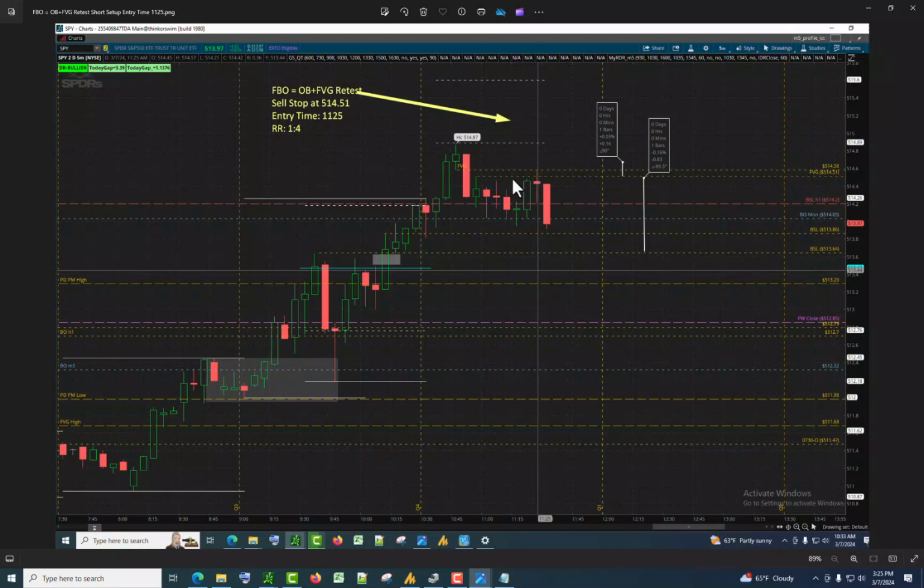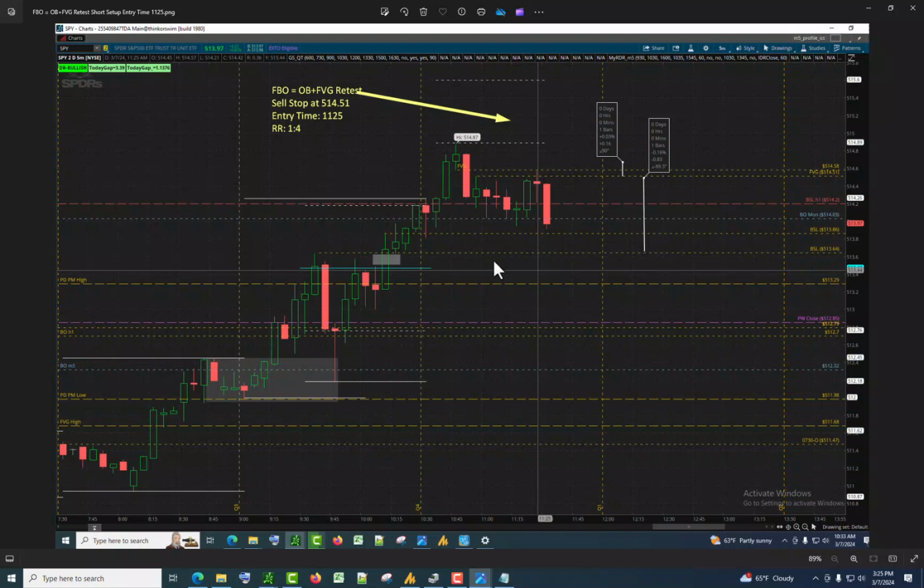So with the sell stop at the fair value gap level right here, 14, 15, not 15 but 51. Even though the price is here, actually we entered right here. We did not pull the trigger at exactly that time, and we moved our stop loss.